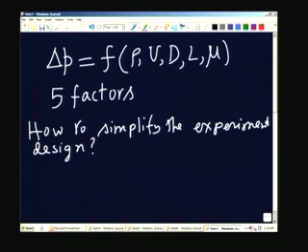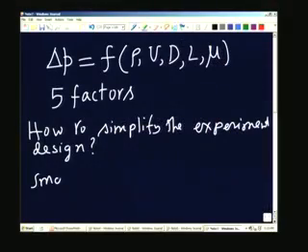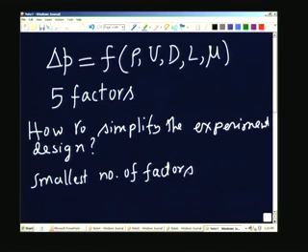For this, what we will do is, we will look at a different approach altogether to this problem. I am going to find out what is the smallest number of parameters, the smallest number of factors, required to model this.